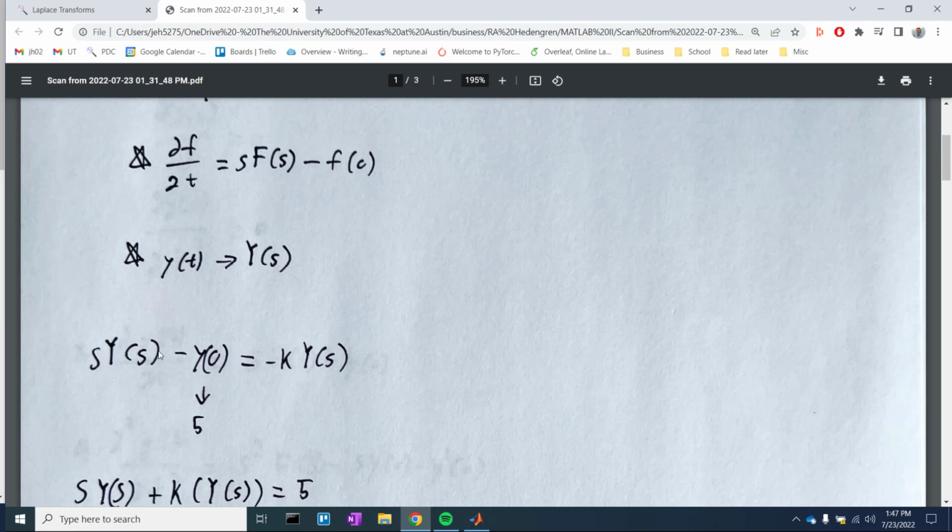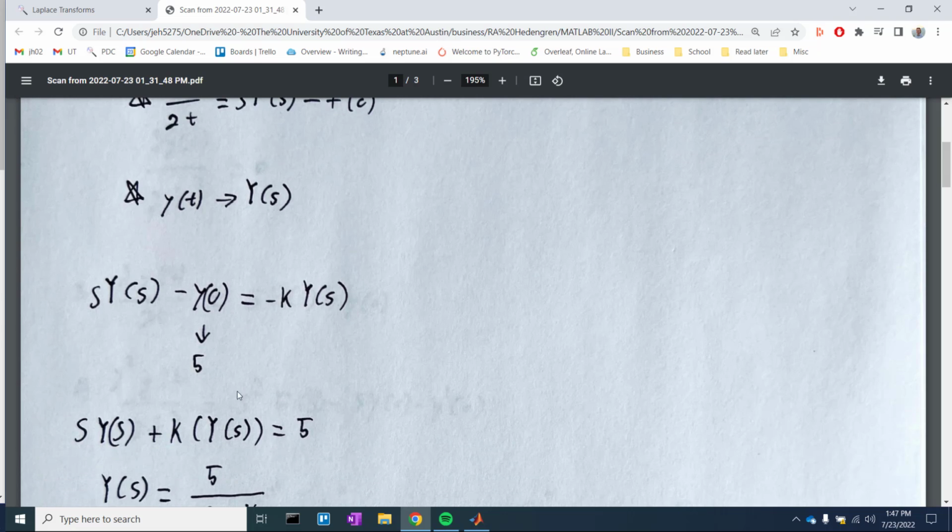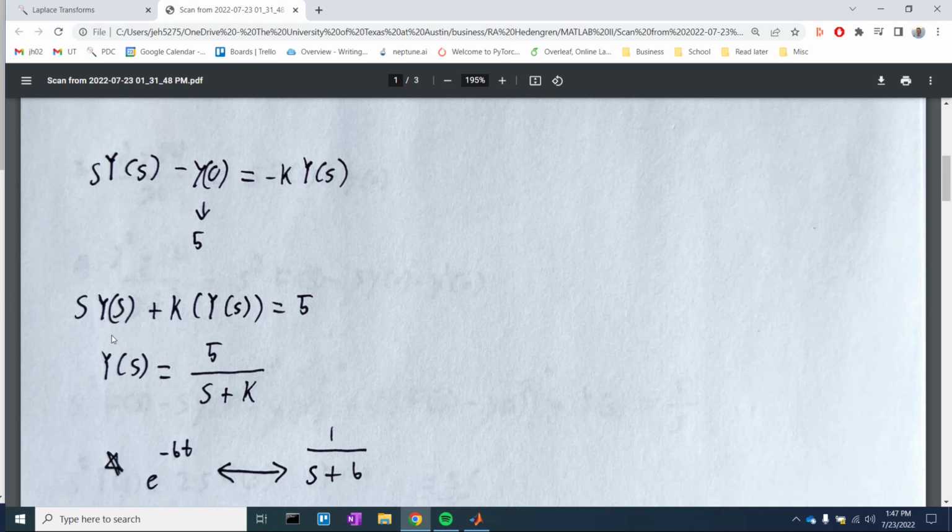So we have s Y of s minus y naught, which we know is 5, equals minus kYs. So if we move the Y all the way to the other side, we'd have s plus k times Y of s is equal to 5, so we can move that over. 5 over s plus k is equal to Ys.